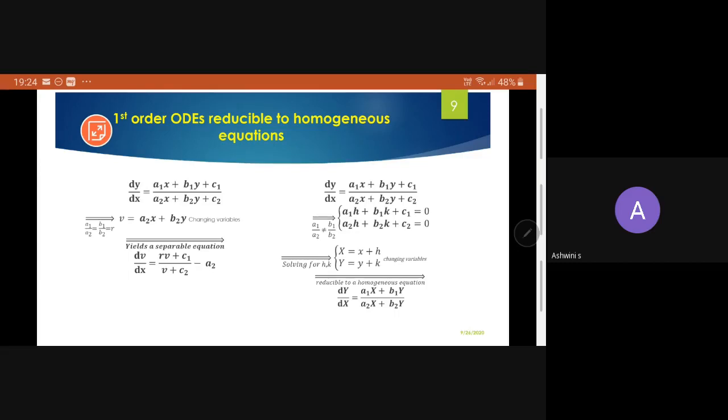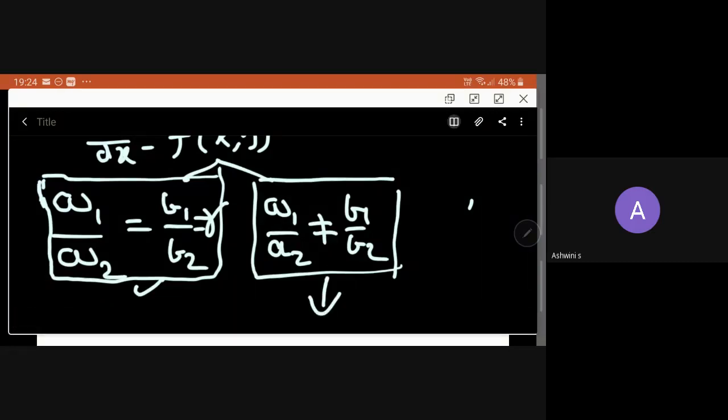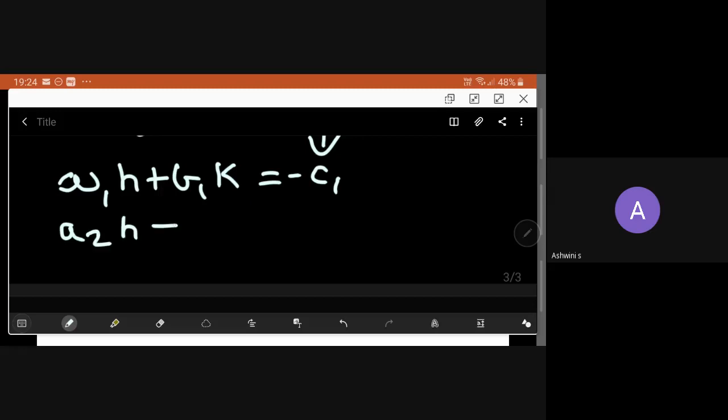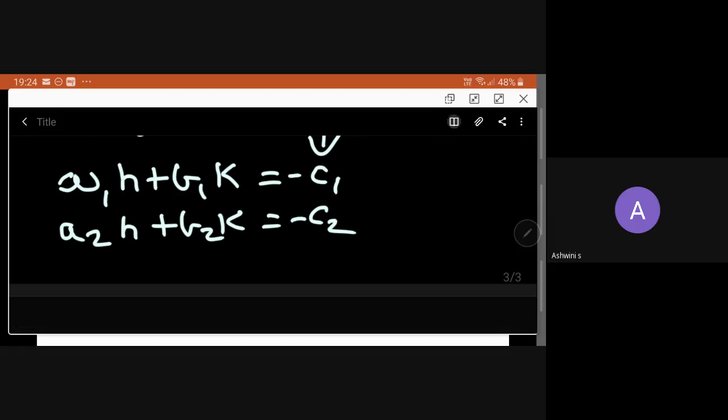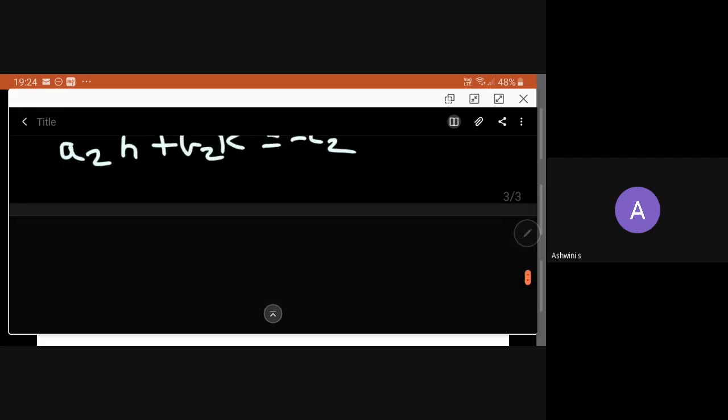We need to solve a1h plus b1k is equal to minus c1, and a2h plus b2k is equal to minus c2. We need to solve for h and k, and we have done linear algebra in the previous classes. What is the determinant of the coefficient matrix here?